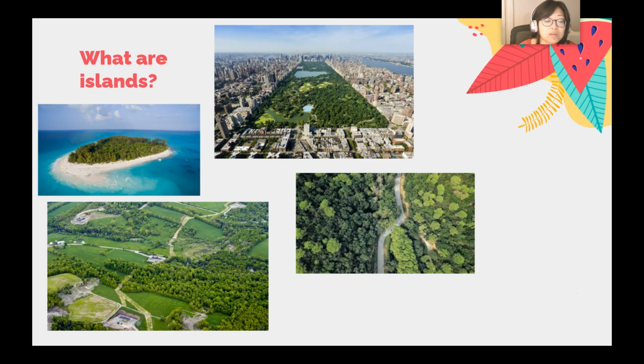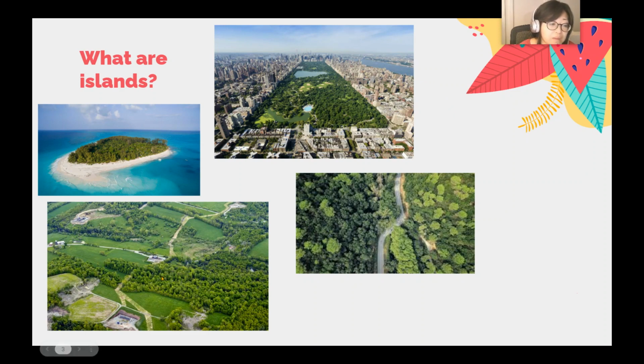So Central Park in New York City is an island, right? You have this area of habitat that's surrounded by a sea of concrete, which is not the same type of habitat. The organisms that are here have to be colonized here somehow. Oftentimes they're probably introduced by people, but they still have to somehow get here.